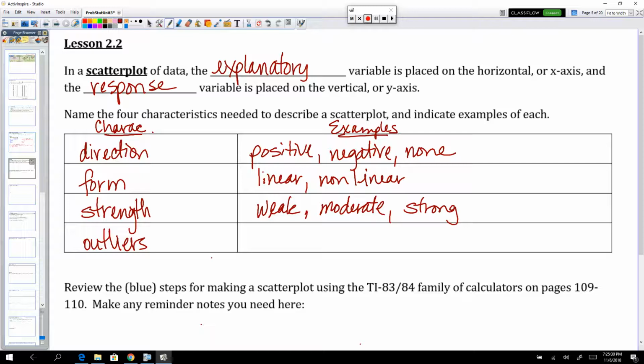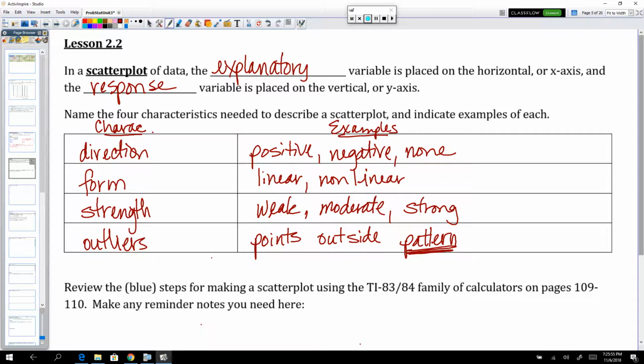And then of course outliers, and we all understand what outliers are from a conceptual standpoint, but we need to make sure that we understand that technically outliers are points that are outside the overall pattern of the data. If the data is following a pattern and there are certain points that aren't following that pattern, that's an outlier.